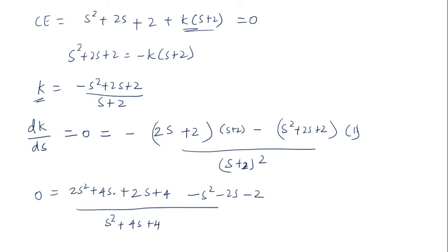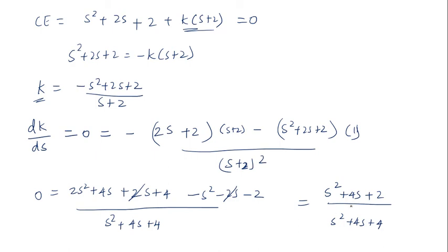Simplifying, the minus 2s cancels, and we get s square plus 4s plus 2, divided by s square plus 4s plus 4.